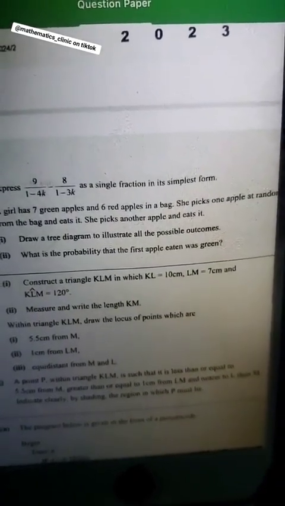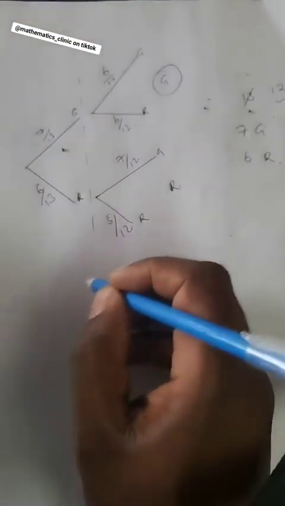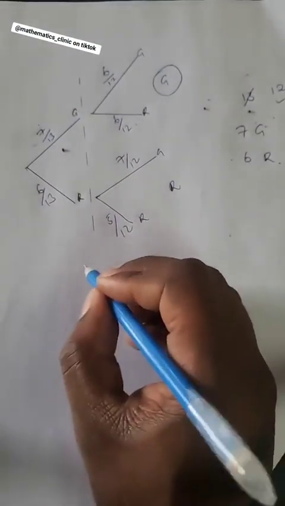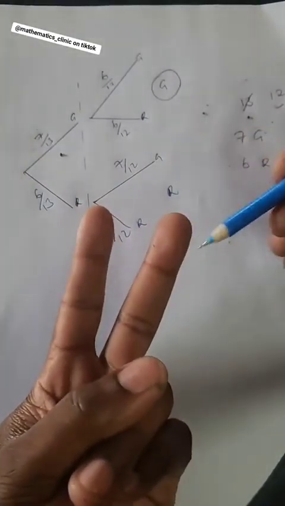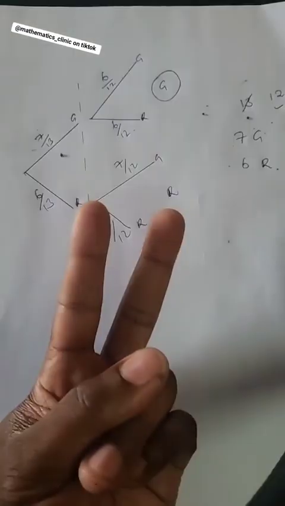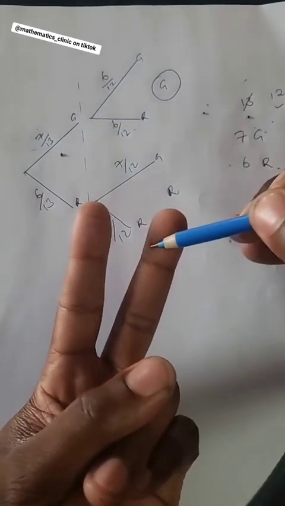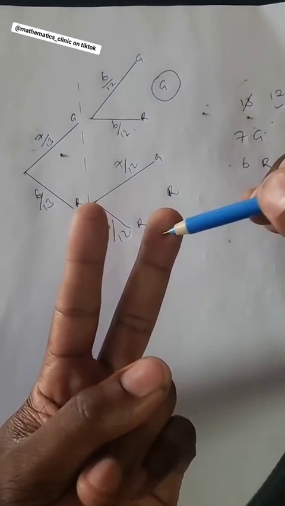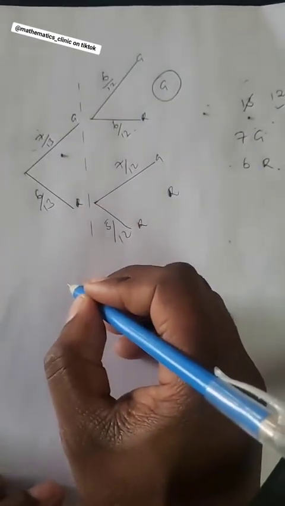Remember, this person ate 2 apples. But they have only told us that the first one that she ate was green. So it can be green, or green then red. So what is the probability that the first apple she ate was green?